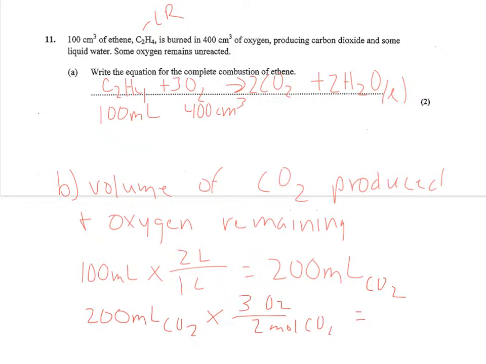So 3 times 200 over 2 is going to be 300 milliliters of O2 that was needed. And since I started with 400 milliliters, I can now subtract the 300 that were used, and I should have 100 milliliters of O2 remaining.